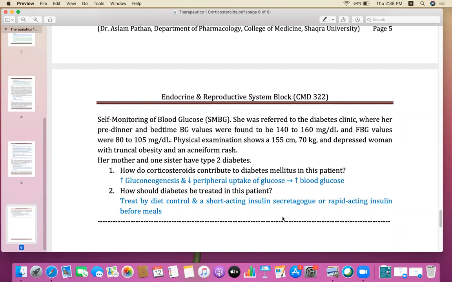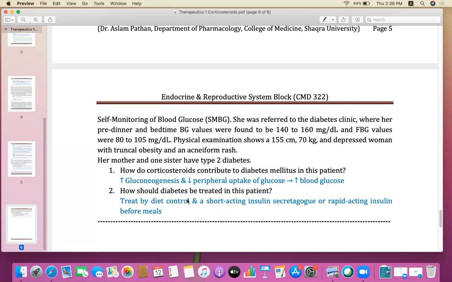This condition is due to an increase in gluconeogenesis, new glucose formation, which leads to decreased peripheral uptake of glucose. The muscles and tissues, the cells, are not utilizing the glucose. So where is the glucose? Glucose is in the blood, and it increases the blood glucose.